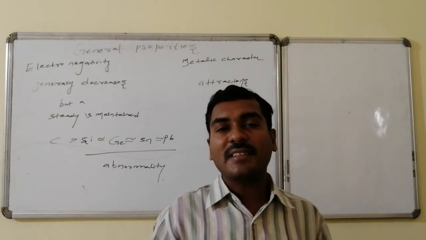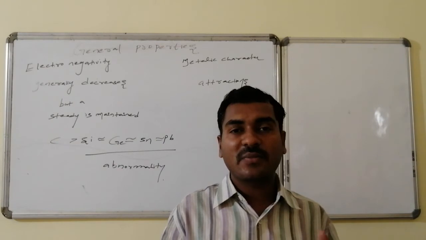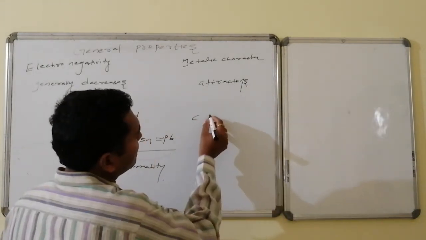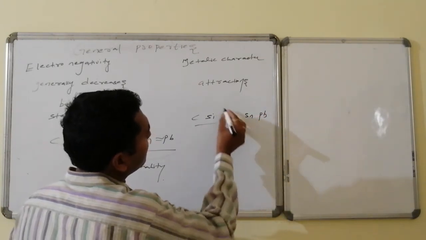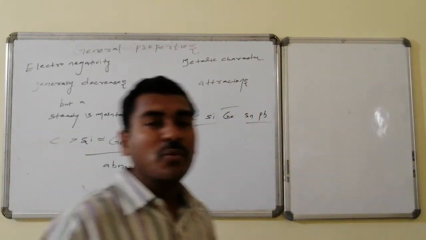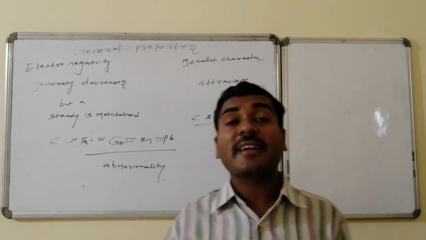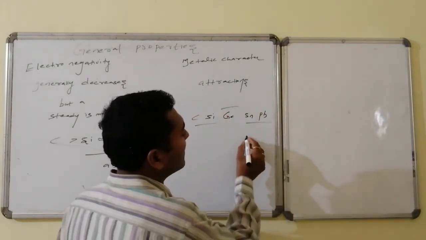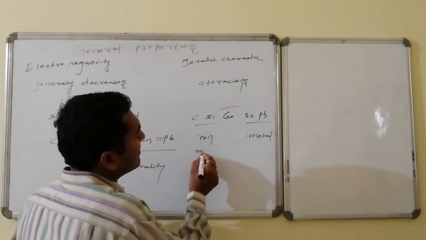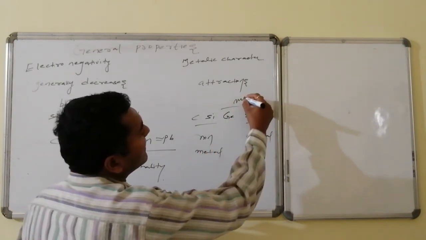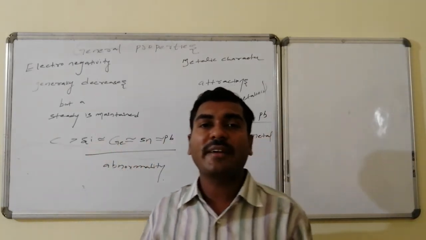As attraction decreases, the removal of electrons becomes easy. Carbon and silicon are found to be non-metals, whereas germanium is found to be a metalloid, whereas tin and lead are found to be what? Metals. This is metal, this is non-metal, and germanium is acting as a metalloid.